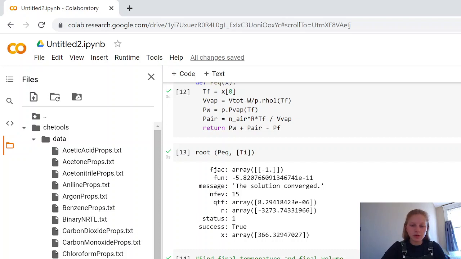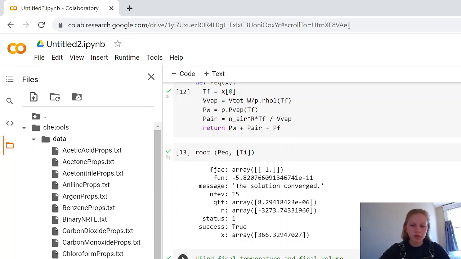And then we'll have our final temperature list here, or array, x0, and then the total volume, which we don't know, is 1. Okay. So then we want to put in our formula for the volume at the vapor phase, and that is the difference of the two volumes. So we have our total volume minus, but this time we have to account for the number of moles of water that we have given to us.